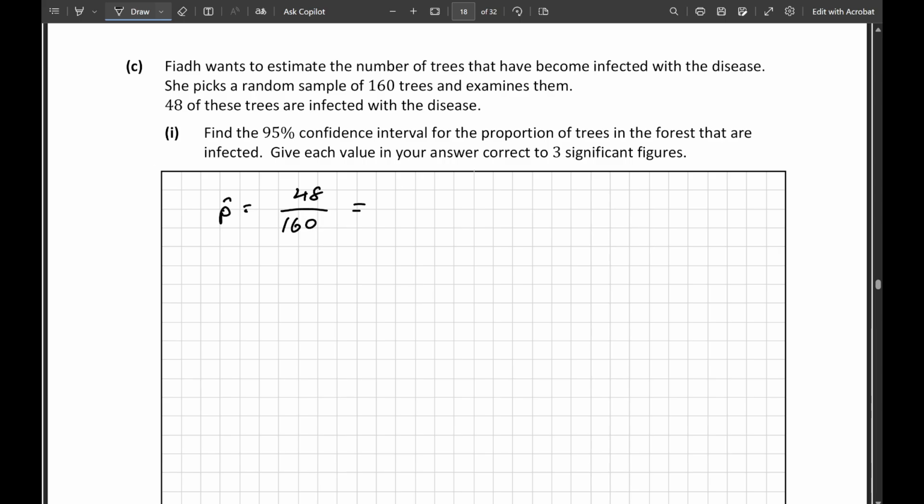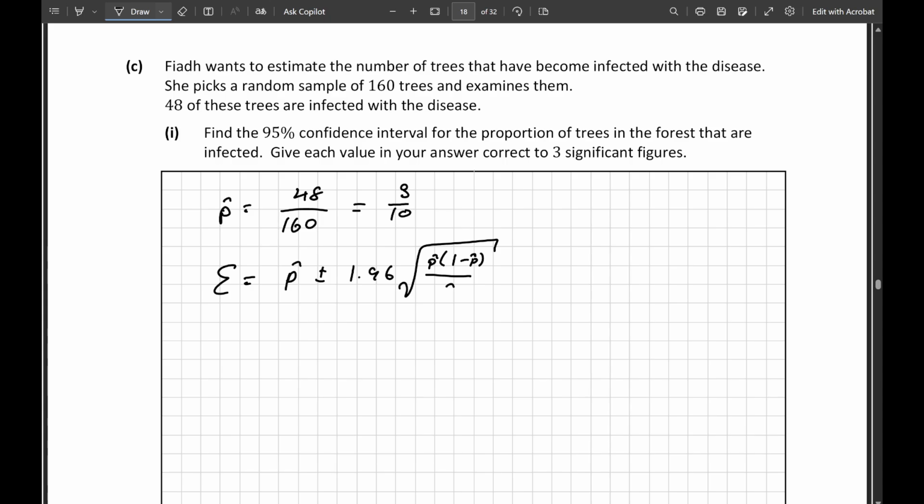Yep, so 3 over 10. That's p hat. And our error margin would just be p hat plus or minus 1.96 root p hat times 1 minus p hat over n. So it'll just be p hat minus e and then p hat plus e.